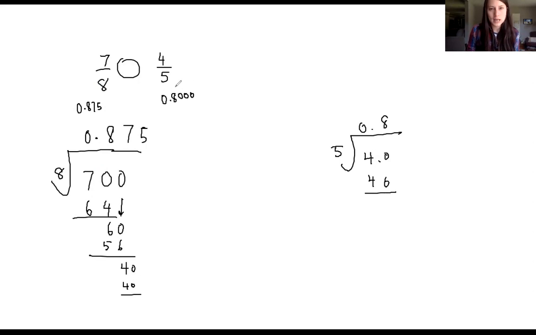And so here we have 0.875 and then 0.800. So when I look at my hundredths place, I've got a 0 here and I've got a 7 here. 7's greater, therefore 7/8 is greater. So I'm going to show a symbol like that. That's greater.